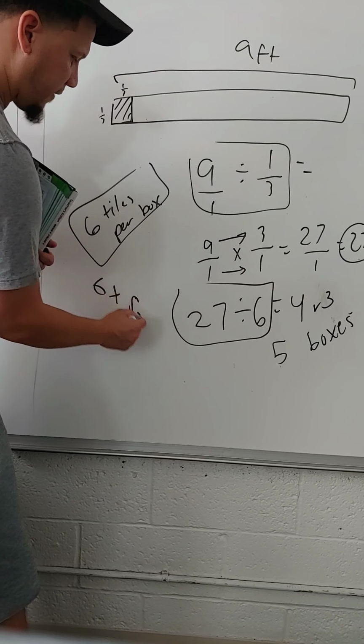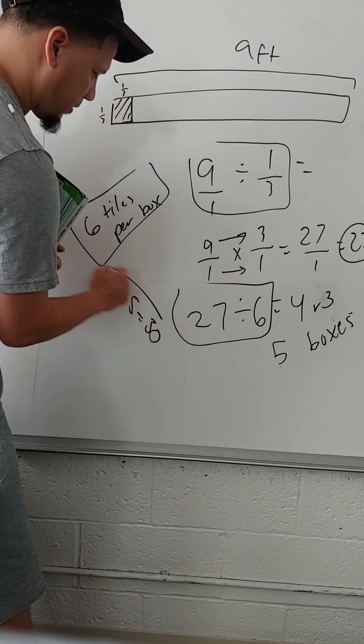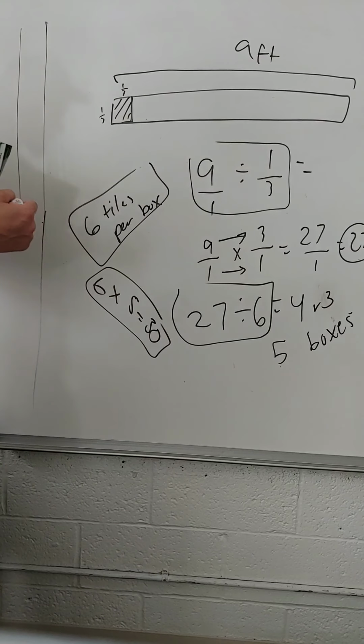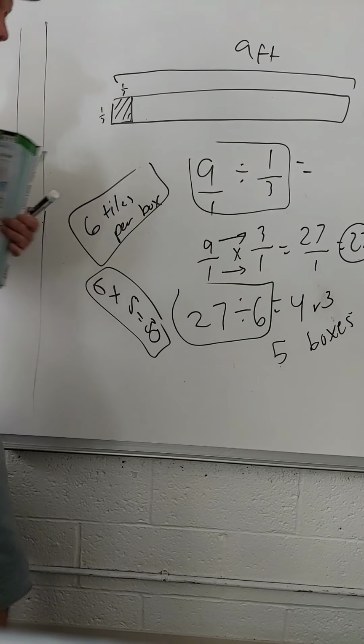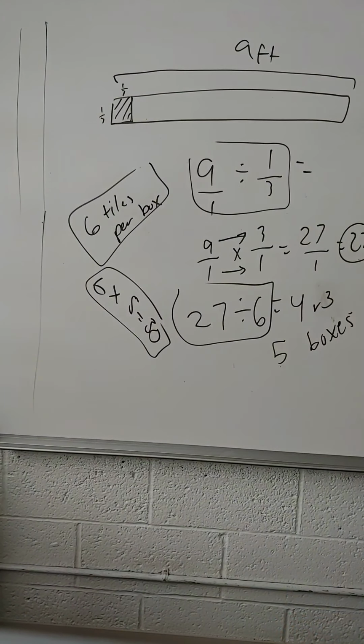In this case, 5, the multiplication minds that we have. Some of us are thinking 6 times what is going to get you to 27, or go over 27? So in this case, your final answer is 5 boxes needed. The equations are these two.